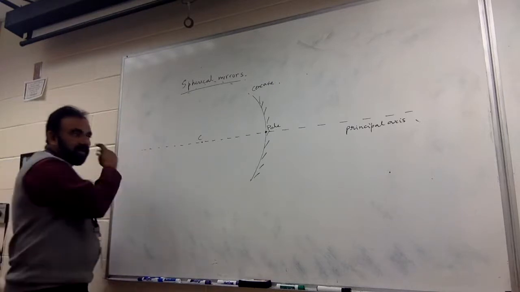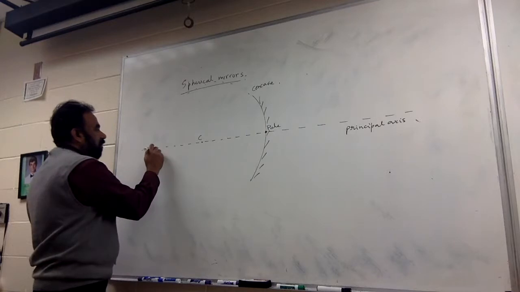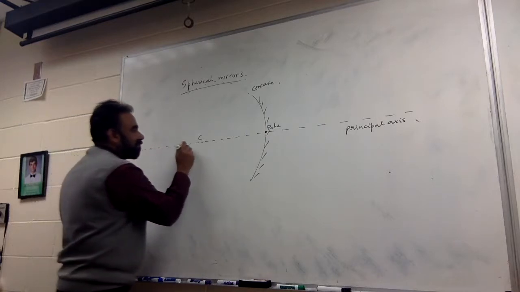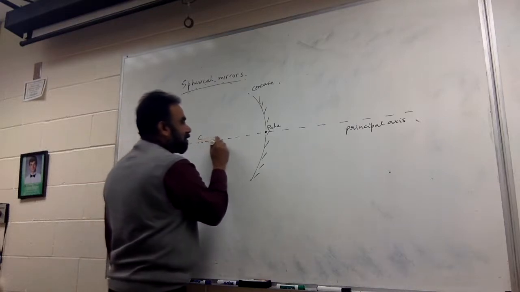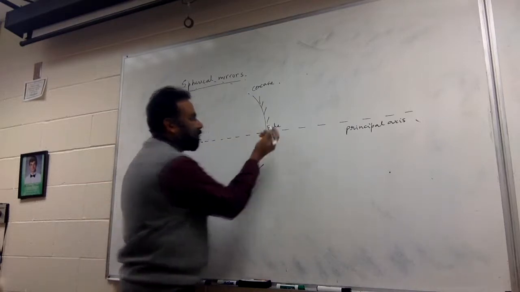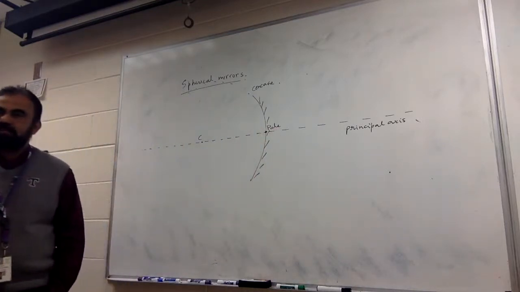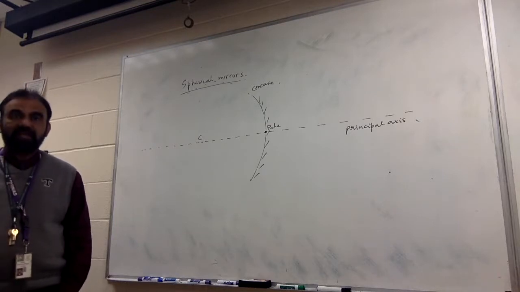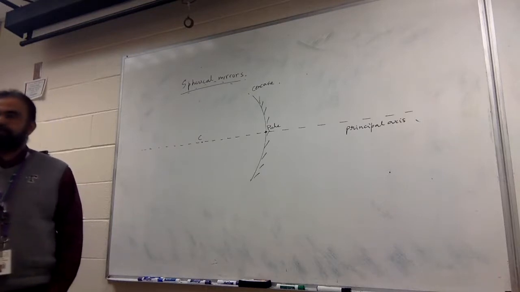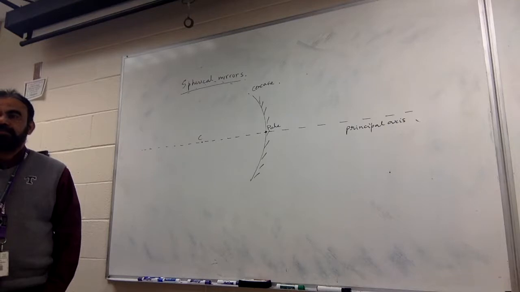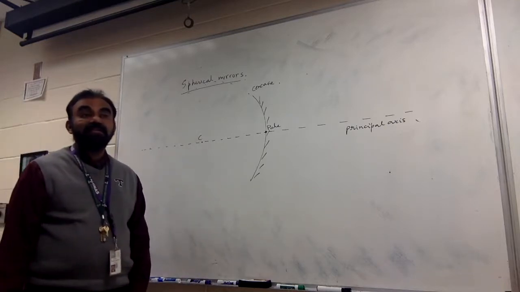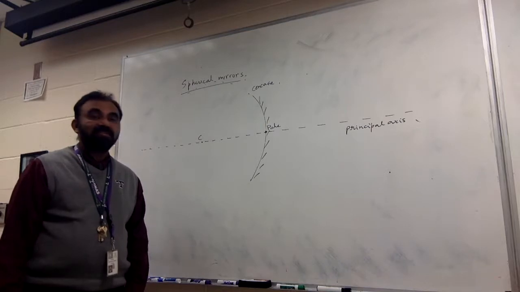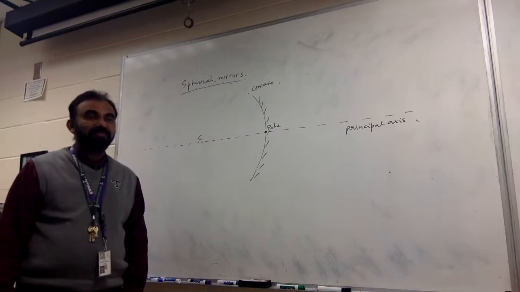Suppose a ray goes like this along the principal axis, and it strikes the mirror. What will happen? It will go back again along the same path. Why? What is the angle of incidence? 0.